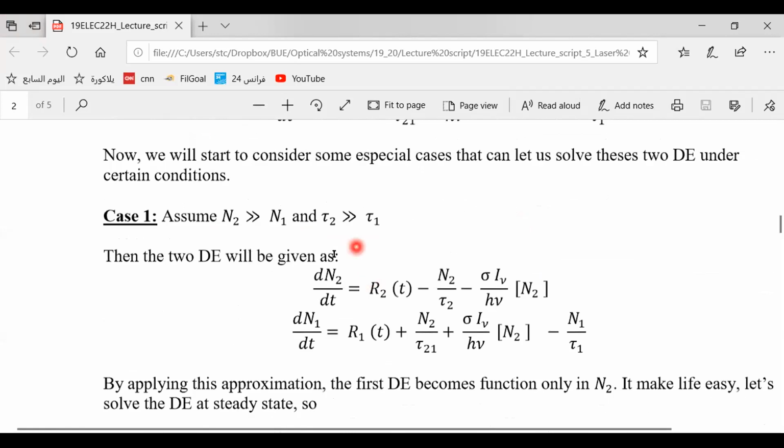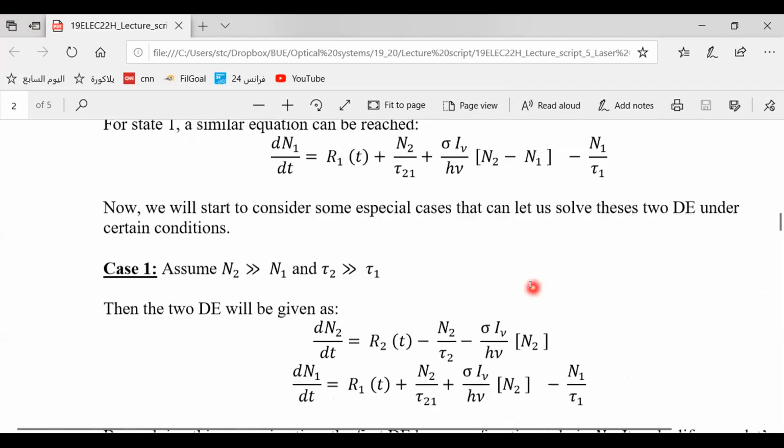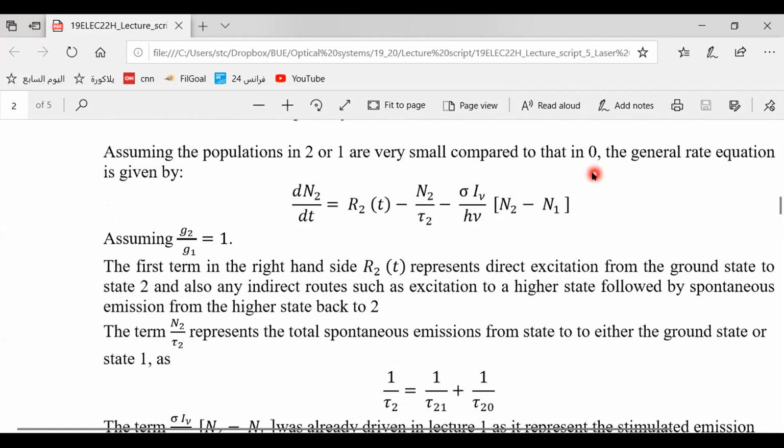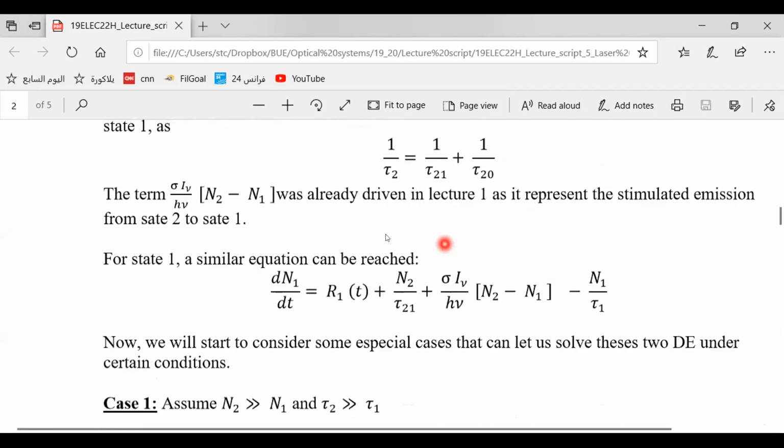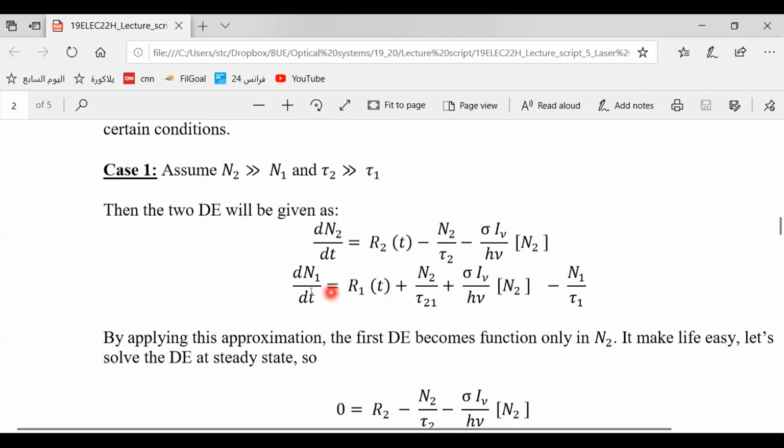So you can rewrite the equation: dN2 by dt equals R2 minus N2 over tau 2 minus sigma I over h mu times N2, which is the same equation as this one, but getting rid of this N1, assuming that N2 is much greater than N1. And for this equation, dN1 by dt equals R1 of t, N2 over tau 2, and so on. Here, the same process, you can get rid of N1, and then you will have N2 only and this term. So again, this is the second equation.